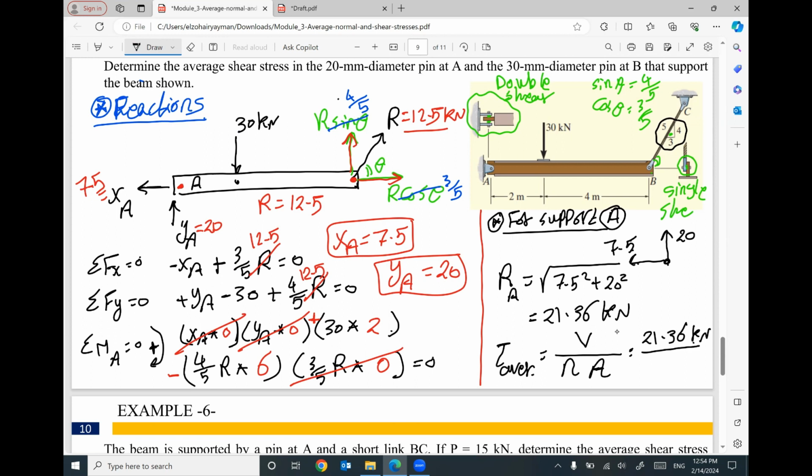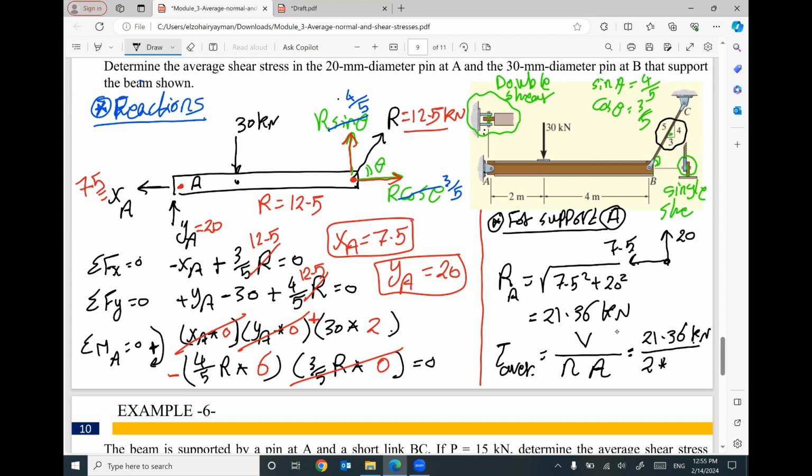This is the resultant of the two reactions at A, YA and XA, both of them will give you a resultant force at A that will be supported by this bolt or this pin. Number of shear planes, we have double shear at A. Based on this detail, the shear will be double. That means the N will be 2.